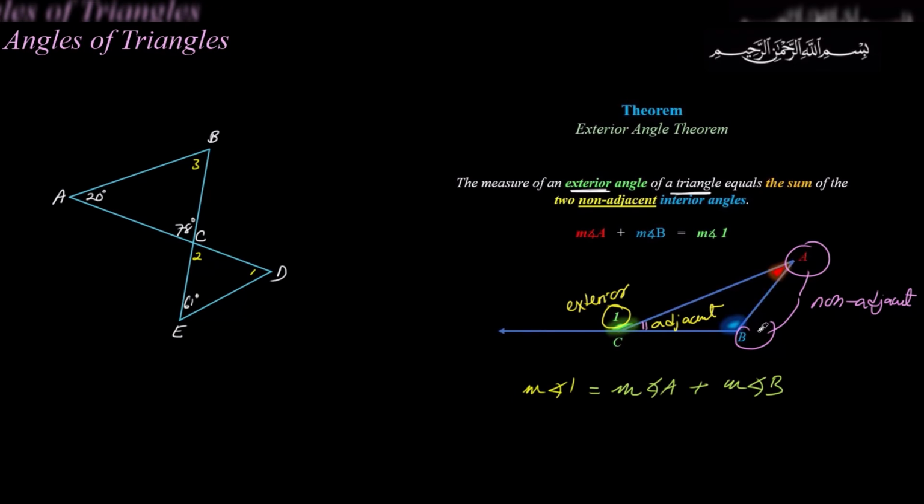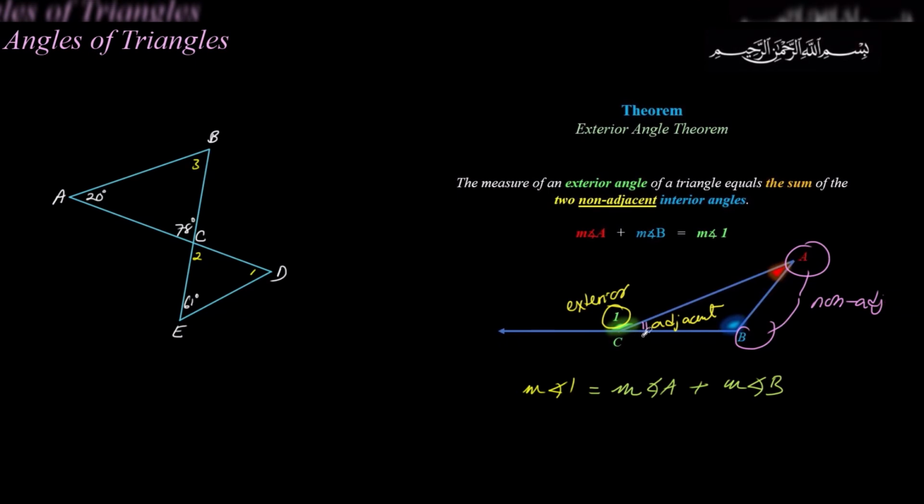Okay, so every exterior angle has an adjacent interior angle, and every exterior angle has two non-adjacent interior angles. So the theorem simply states that the measure of the exterior angle equals the sum of the measures of the two non-adjacent interior angles.